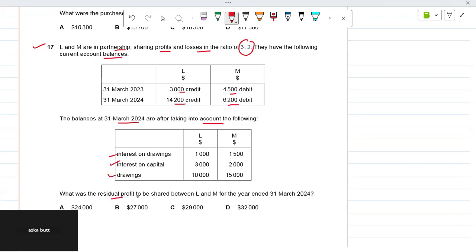What was the residual profit to be shared between L and M for the year ended 31st March 2024? So what we have to do is prepare the current accounts for both L and M.